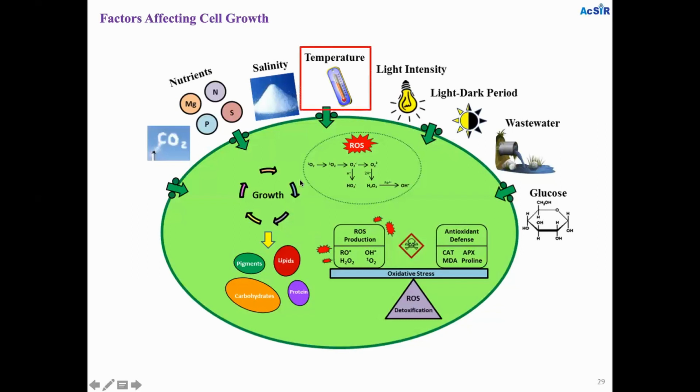For my research, I focused on temperature, salinity, as well as nitrogen, and growing the cell in wastewater. Today, for this lecture, I will discuss my research on temperature stress as well as wastewater.